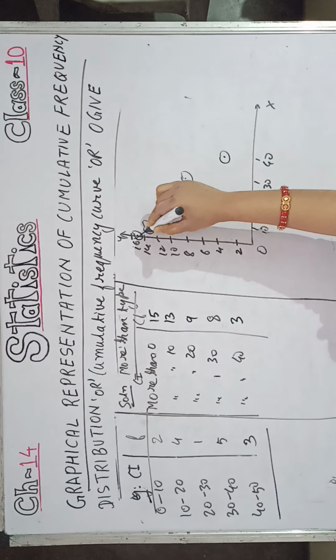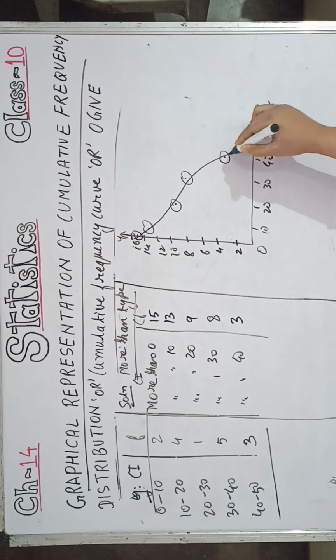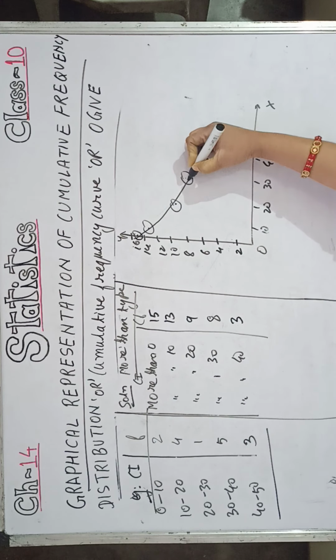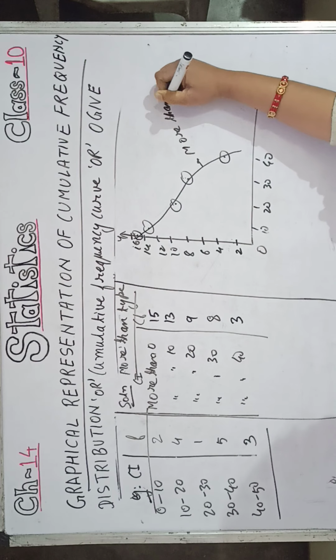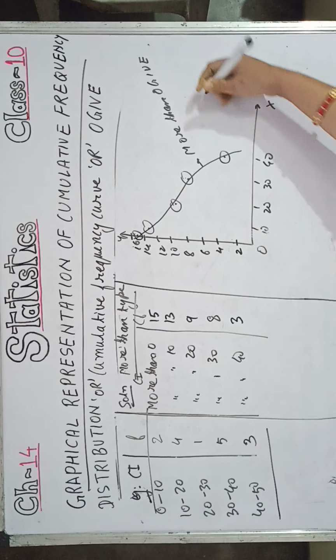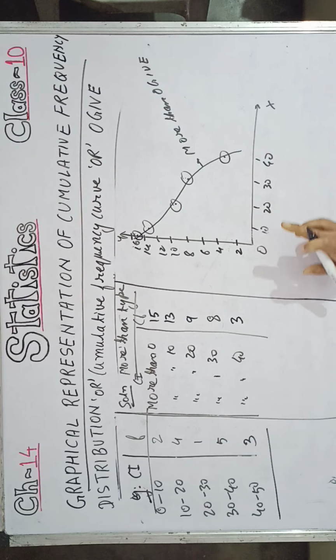So with the help of freehand we will be joining it. Okay. Now this is the more than type, more than ogive. Now if it is asked only to represent, I have represented, my work is done.